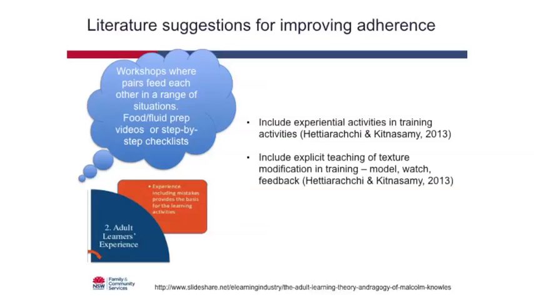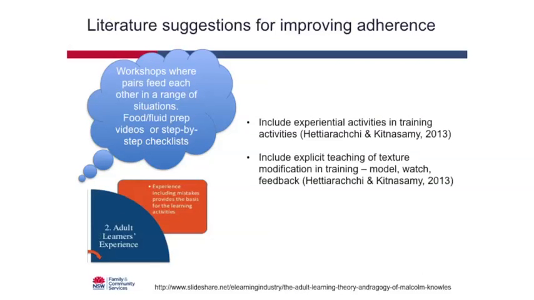Okay. So then the literature also makes some other suggestions for increasing adherence to plans. I'm really not going to try and say these authors' names. These authors are Sri Lankan. It was a fabulous paper. But they talked about including experiential activities in training activities, and they actually got far better adherence to plans when they did that.